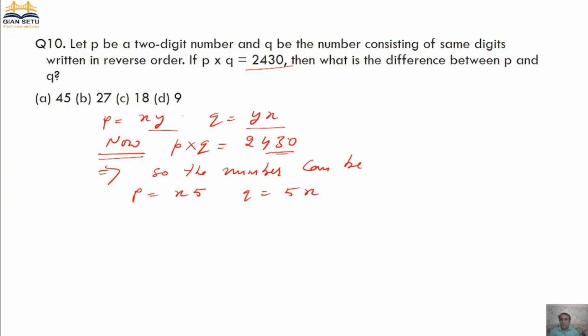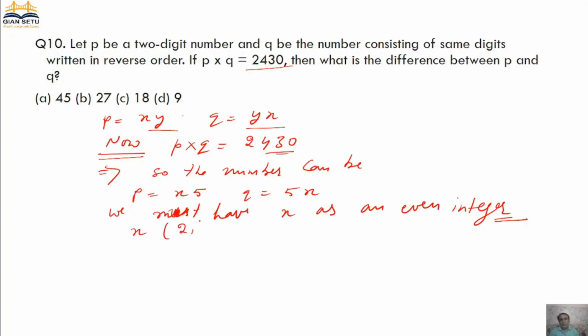Now to have 0 in the final product, we must have x as an even integer. That means we can have x as 2, 4, 6 or 8. Now let's see when x is equal to 2.